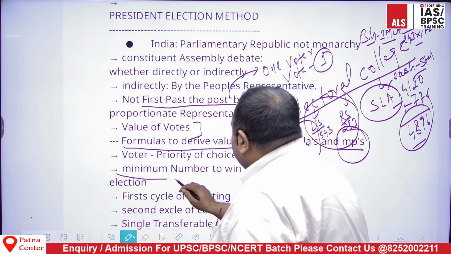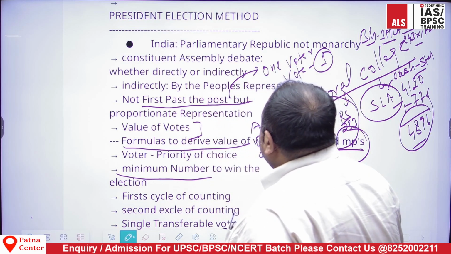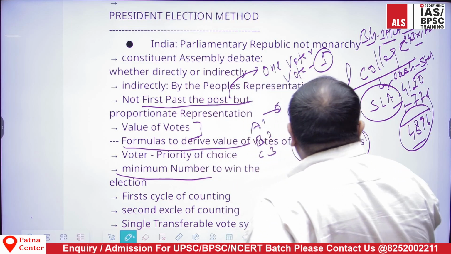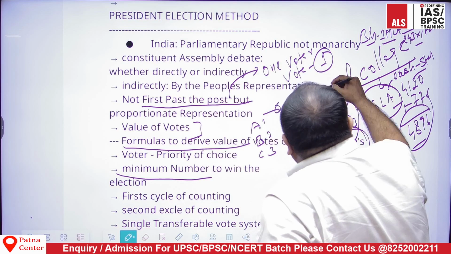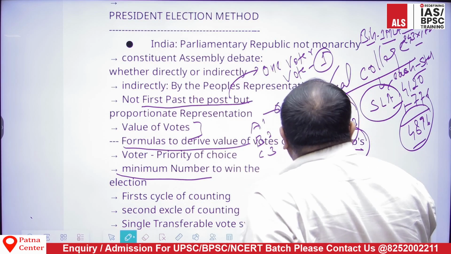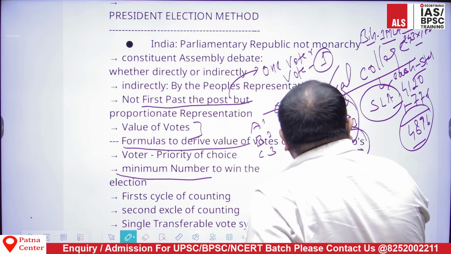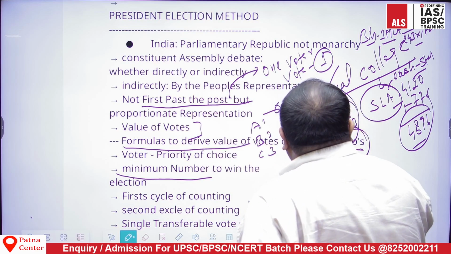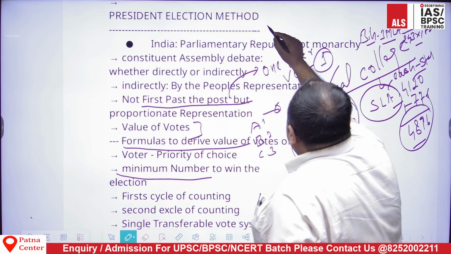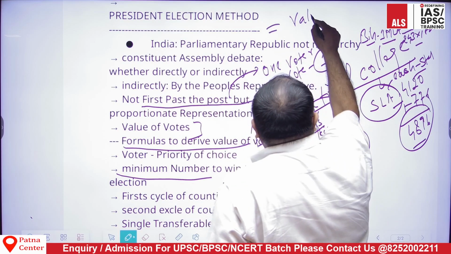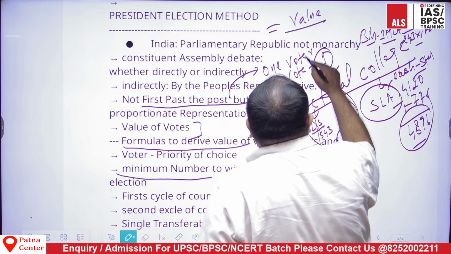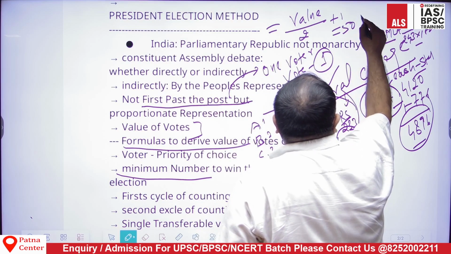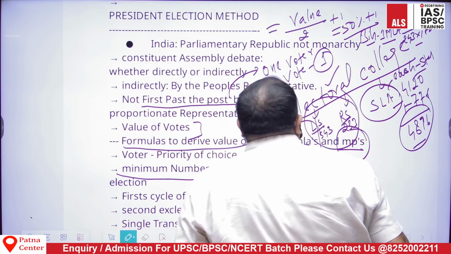In the proportionate representative system, there is a concept of minimum number, meaning the total value of votes of this electoral college, including the members of Parliament and state legislative assembly members, all the value will be counted. All the value of the whole electoral college will be divided by 2 plus 1, that is 50% plus 1.